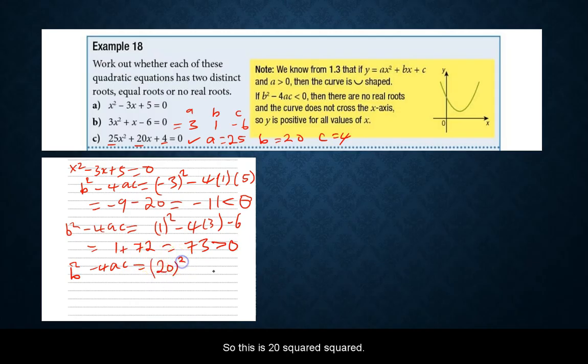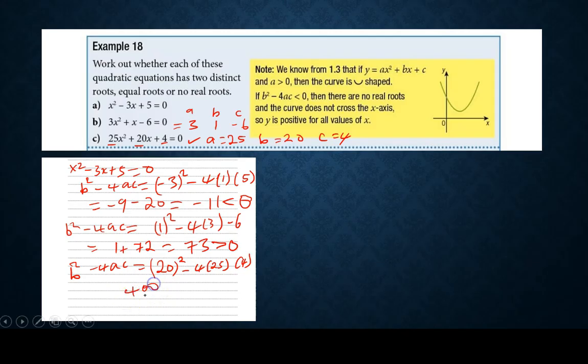So this is 20 squared minus 4ac, minus 4, our a is 25, multiply that by c, which is 4. So this is going to give us 20 squared will give you 400.